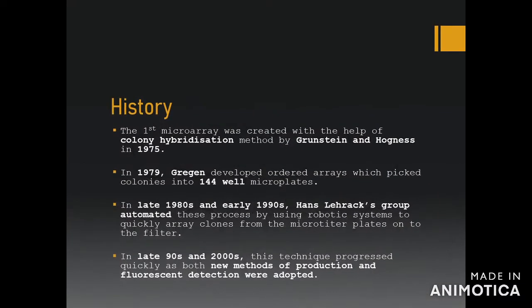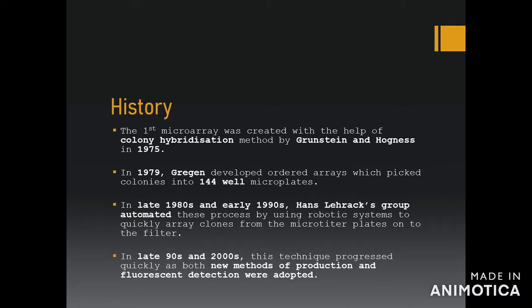These were developed as a technique for large-scale DNA mapping and sequencing. Coming on to its history, the first DNA microarray was created with the help of colony hybridization by Grunstein and Huggins in the year 1975, and then in 1979, Gergen developed ordered arrays which picked up colonies into 144-well microplates.